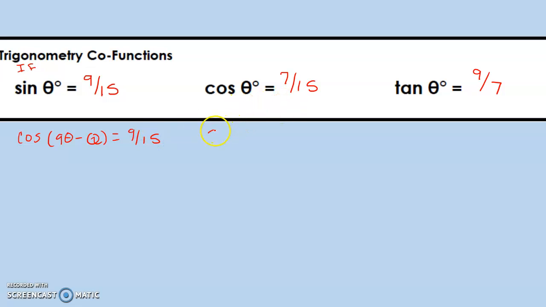Cosine of theta is this, well then the sine of 90 minus theta would equal the same. And if my tangent of one acute angle is 9 over 7, then my tangent of the other acute angle would be 7 over 9. If you noticed it in the last slide, they are reciprocals.